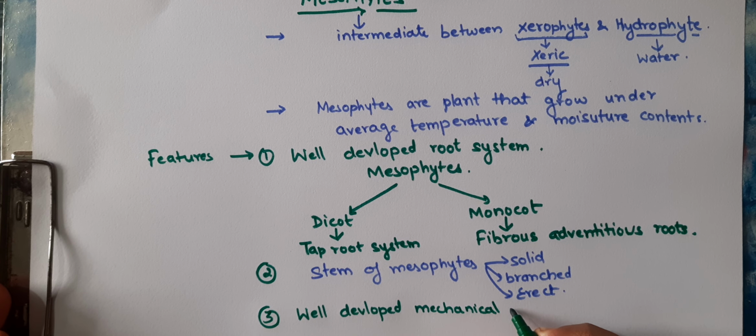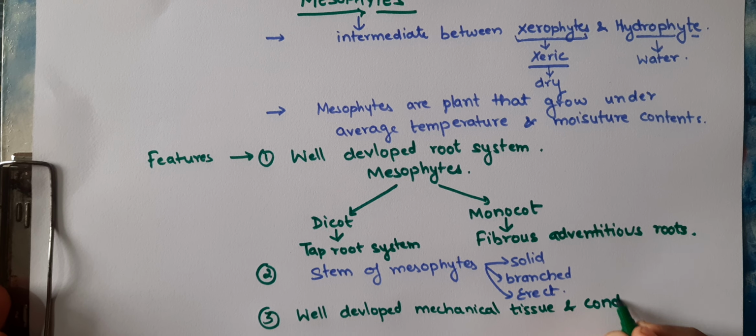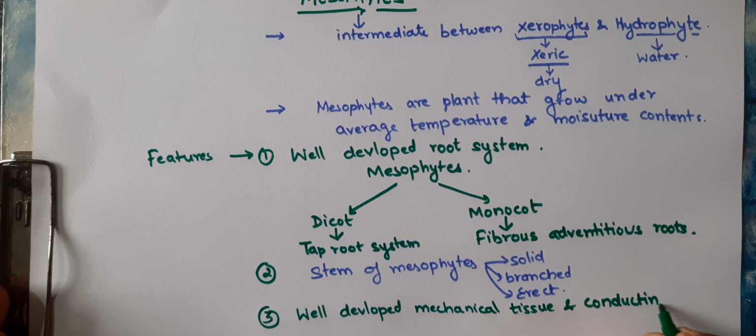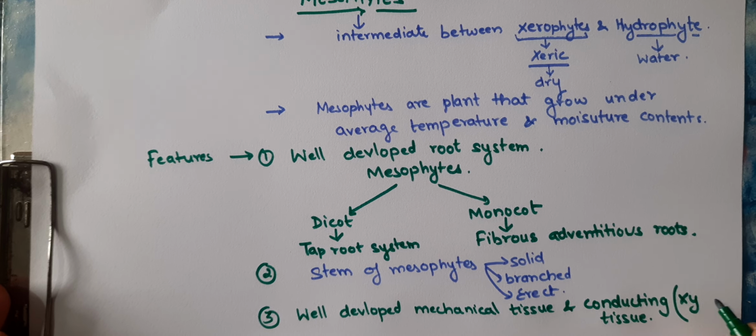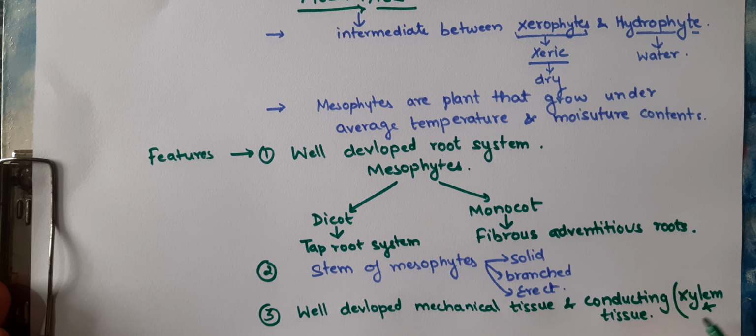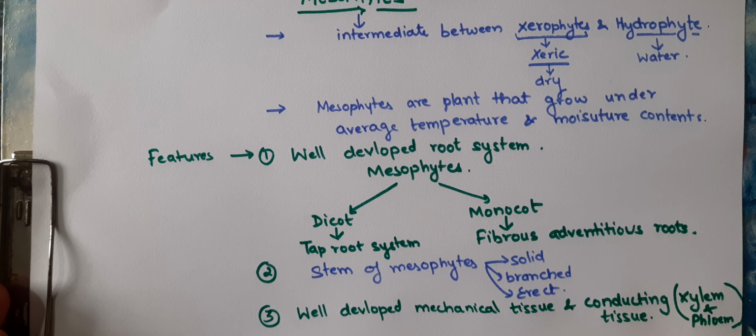Conducting tissue is xylem and phloem, and it is required for the transfer of ions, minerals and water. So these are well developed, okay, for optimal functioning of the plants.